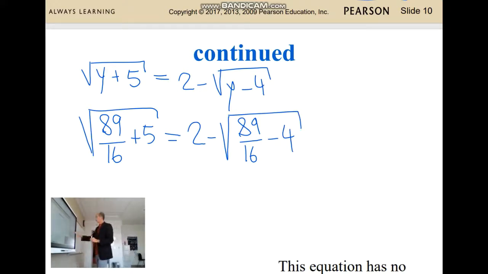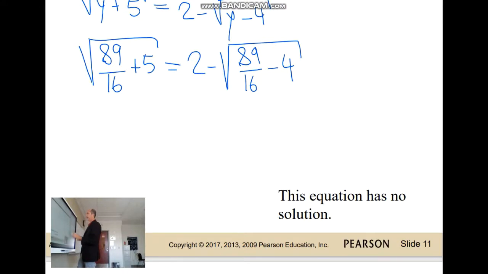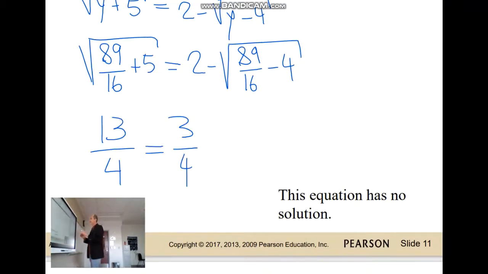We will work out here all the calculations that we need. You can do it by yourself, but at the end, after you do all the calculations and all the simplifications, you're going to find on one side 13 over 4 equals, on the other side, 3 over 4.